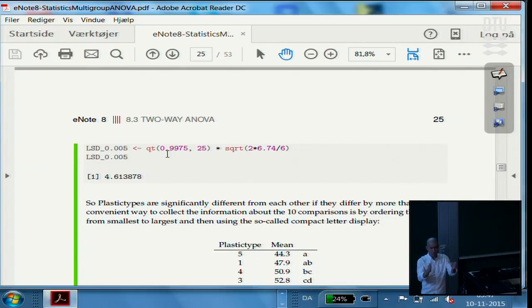Actually, the width such that 2 means are significantly different from each other. So I can compute this measuring stick, which was in my Bang & Olufsen example in our tool, right? We turn it into a measurement stick such that all pairs of means that differ by more than this error stick are significantly different. So we can do all the 10 comparisons in a way like this, because we just have to compute it once.